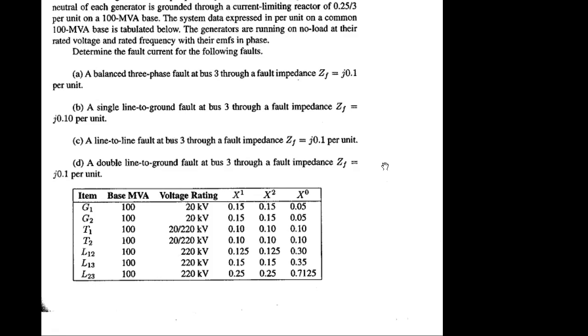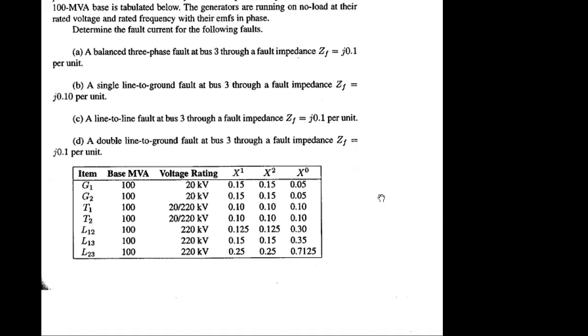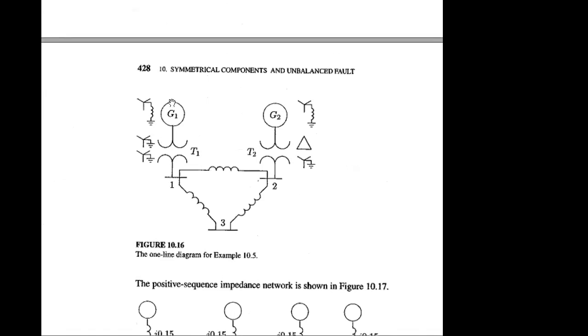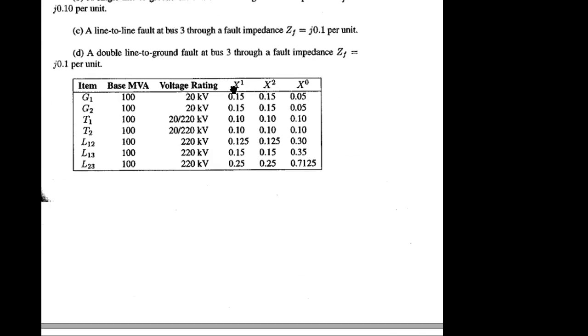So how can you generate the Z determination? When you want to determine Z, you have to use this table, this tabular information. And how can you put this table information? By replacing all the symbolic information like generator, transformer. What is the generator information for X1? 0.15, right? And transformer 0.1.